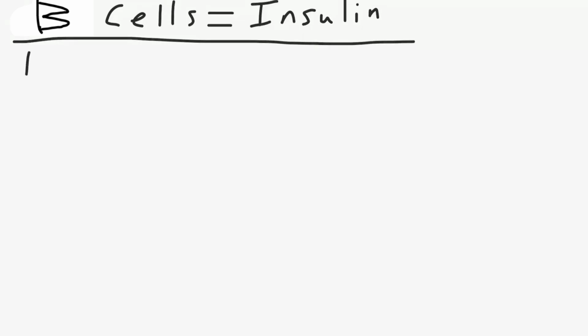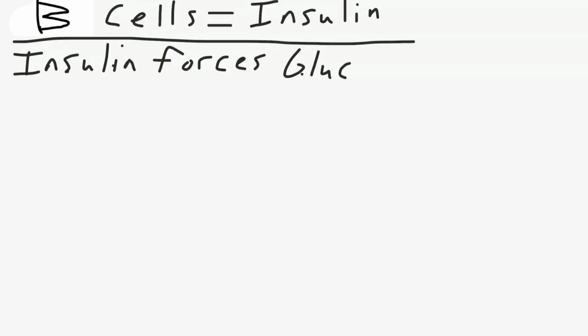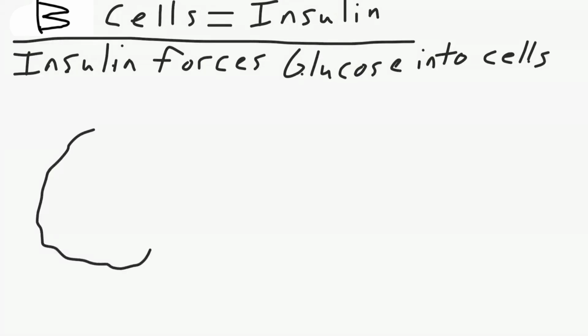Now, the beta cells are extremely important when it comes to type 1 diabetes, and that is because they produce insulin. Insulin almost acts like a key. If you think about the cell and its cell membrane, that cell membrane doesn't allow glucose or sugar to just diffuse into the cell. It has to be transported through a transport system.